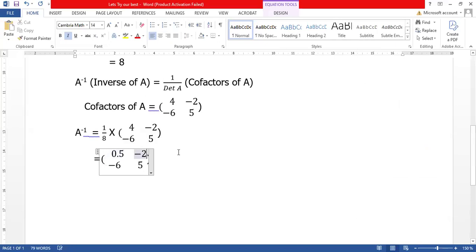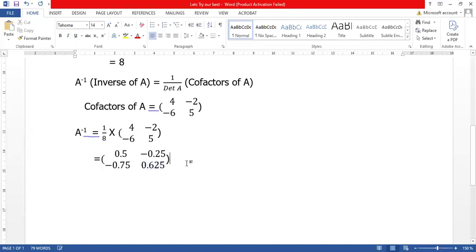Then here, negative 0.25. Then here, negative 0.75, and negative 0.5. Here, 0.625.